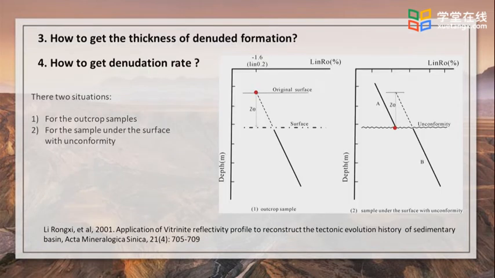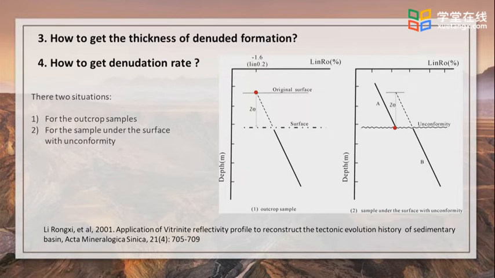So how to get the thickness of denuded or erosional formation? From these two charts you can see in the slides, there are two situations. The first situation, from the chart on the left, is for the outcrop samples, and the second one is for the sample under the surface with the unconformity.